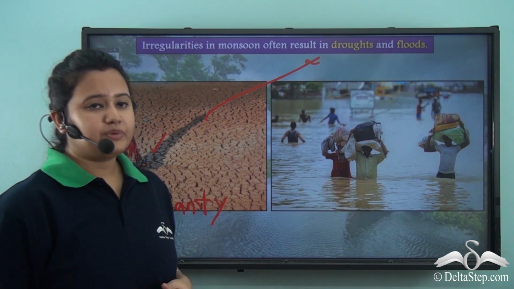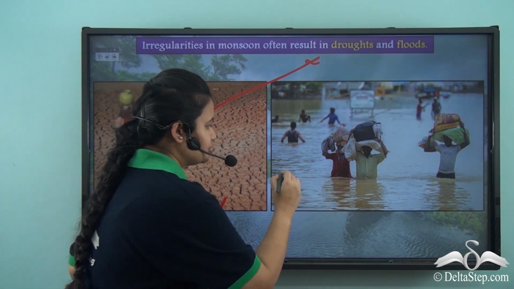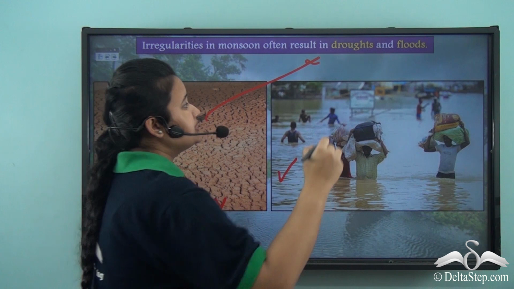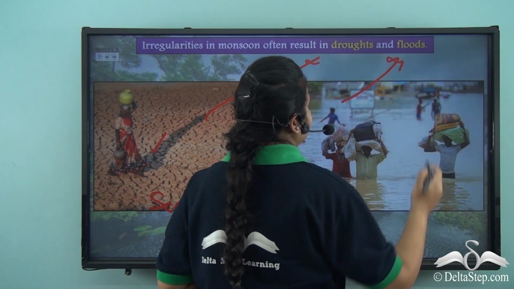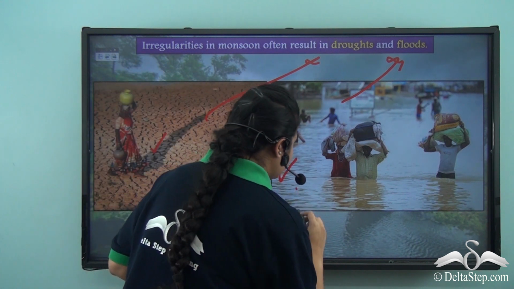Now, the second picture shows that the city is completely underwater. Thus, it shows the situation of a flood. Now, flood occurs due to heavy and torrential rainfall.